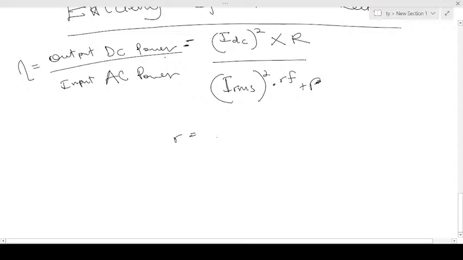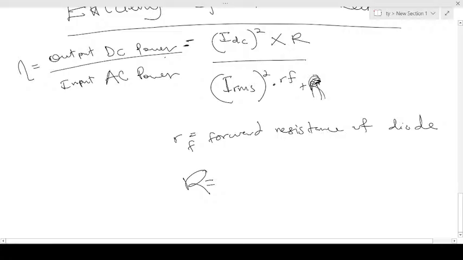So whenever you are calculating input AC power, make sure that you don't forget your forward resistance. It's sometimes overlooked and it is important.